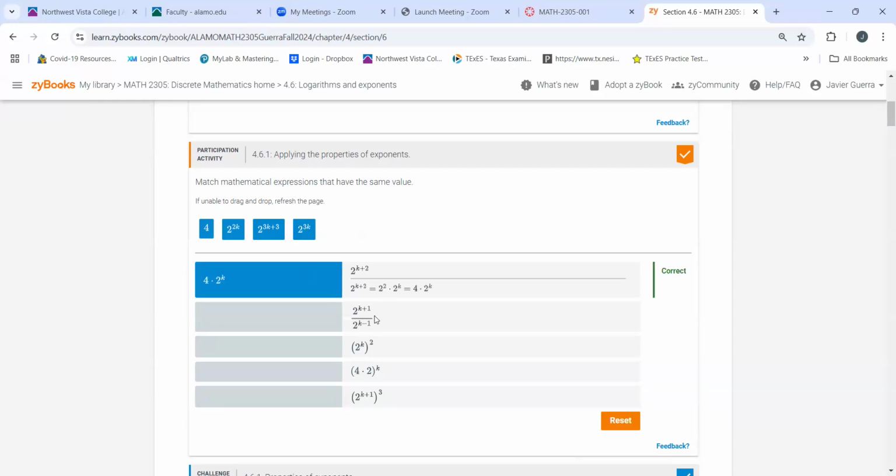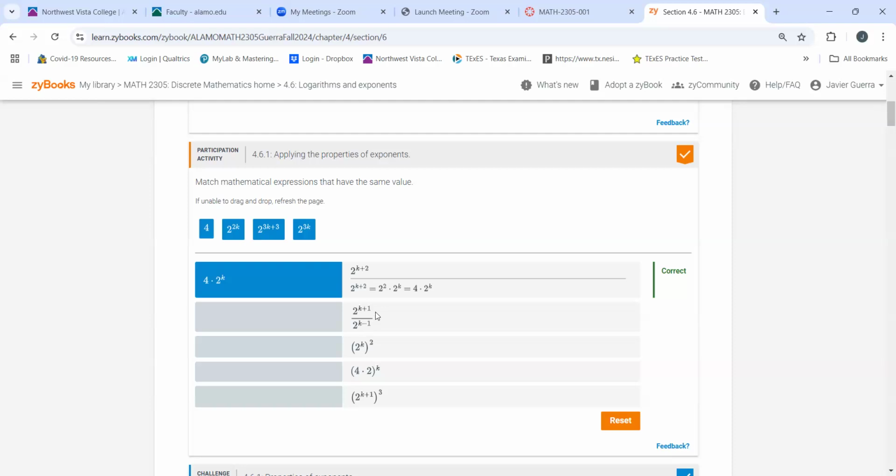The next one is 2 raised to the k plus 1 divided by 2 to the k minus 1. Since we are dividing, that means subtract. So I'm going to do k plus 1 minus k minus 1. The negative is being distributed, so two negatives make a positive, and the k's disappear.